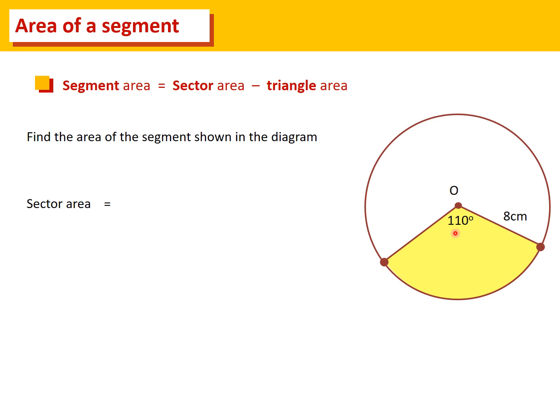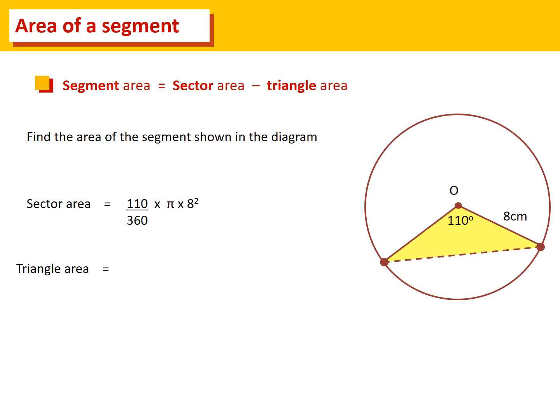And that's 110 degrees out of a full circle, which will be 360 degrees. So 110 out of 360 is the fraction of a full circle that the sector represents. And pi times 8 squared would be pi r squared, i.e. that would be the area of the full circle. So we have a fraction of the area of a full circle, and that represents the sector area.